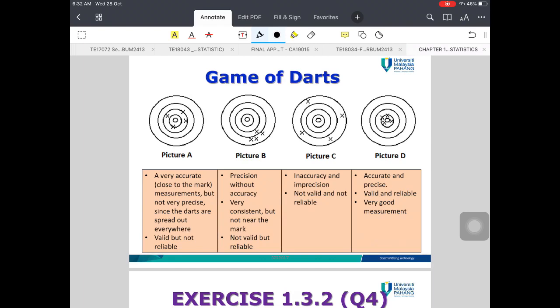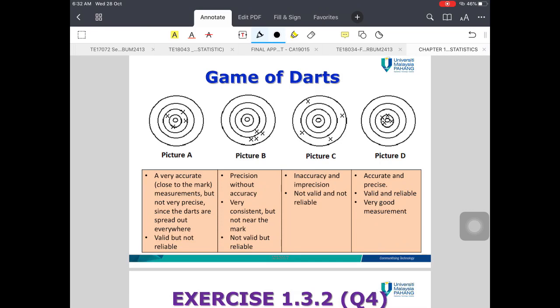Not spread out too much, though, so the variations are not too far. We can say the distribution in picture A is valid but not reliable.